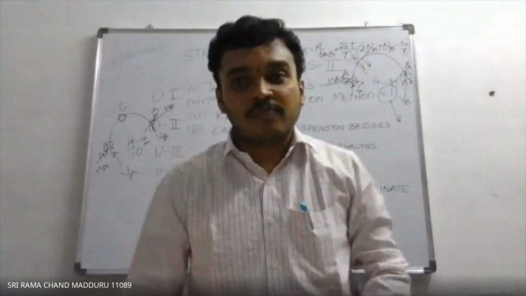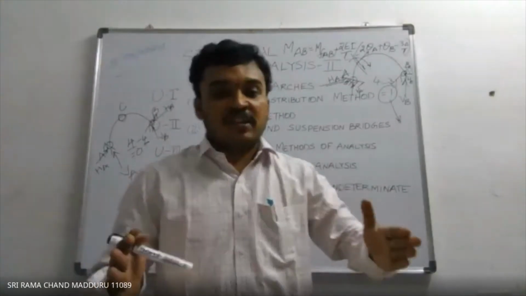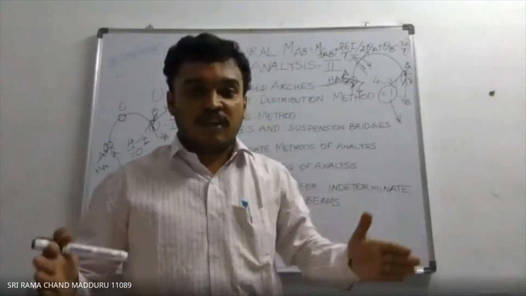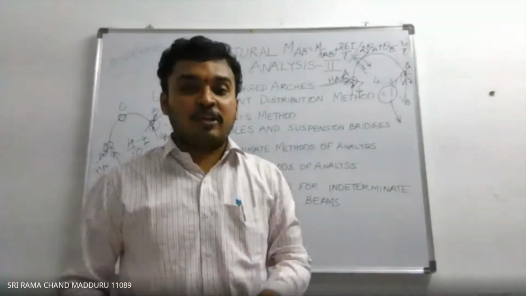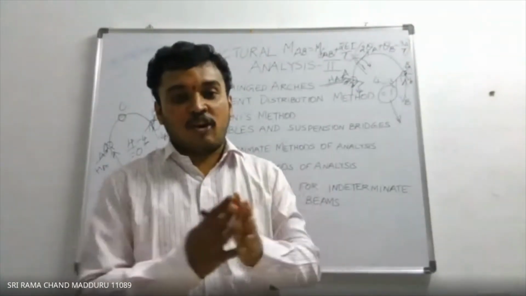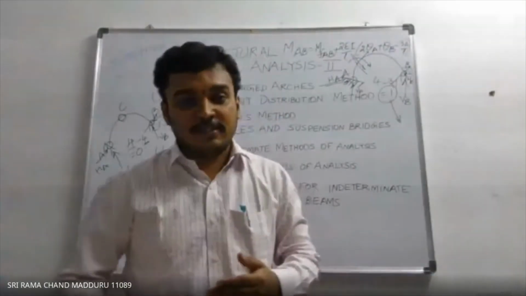Now we use that slope deflection method. It takes a lot of time to calculate the unknown reactions. So in a better way, rather than going for a longer duration, we can go for an iterative process.